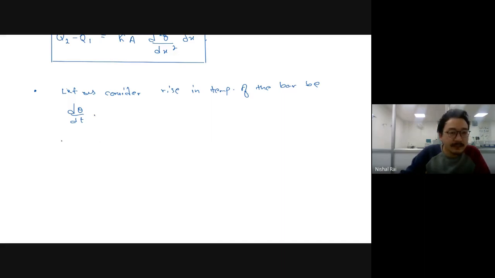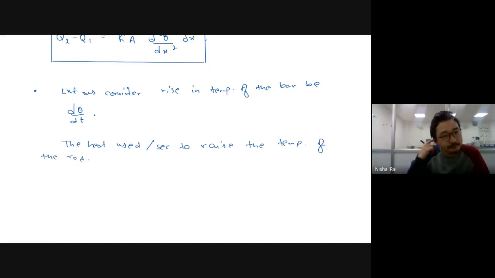So the heat used per second to raise the temperature of the rod is how much? From Newton's law of cooling, you can get it.